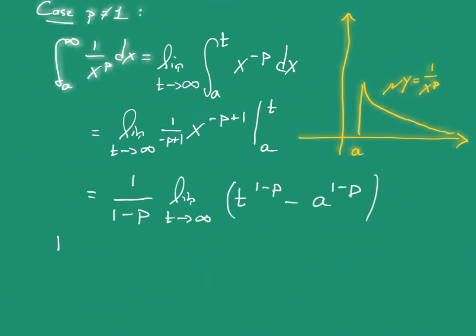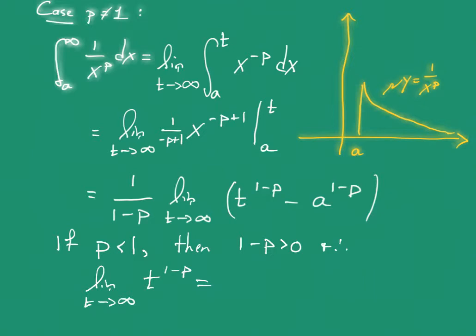So we'll consider two cases here. The first being if p is less than 1. Well, if p is less than 1, then 1 minus p is going to be bigger than 0. And so, in this case, the limit as t tends to infinity of t to the 1 minus p, well, because our exponent 1 minus p is positive, as t gets big, t to the 1 minus p also gets big. And so the overall limit is going to be equal to infinity.